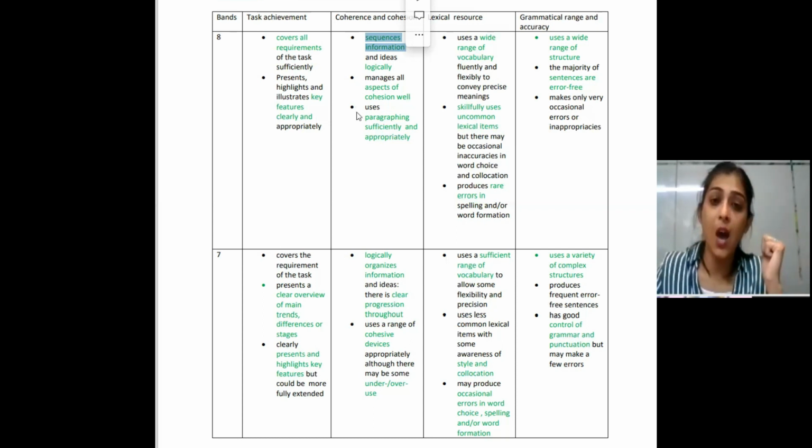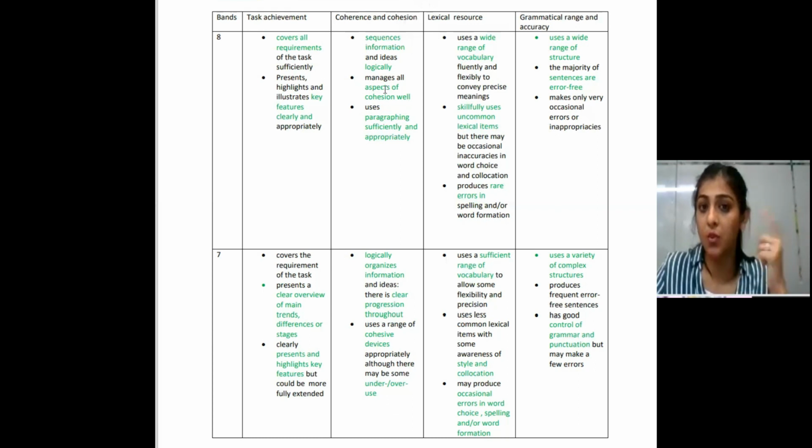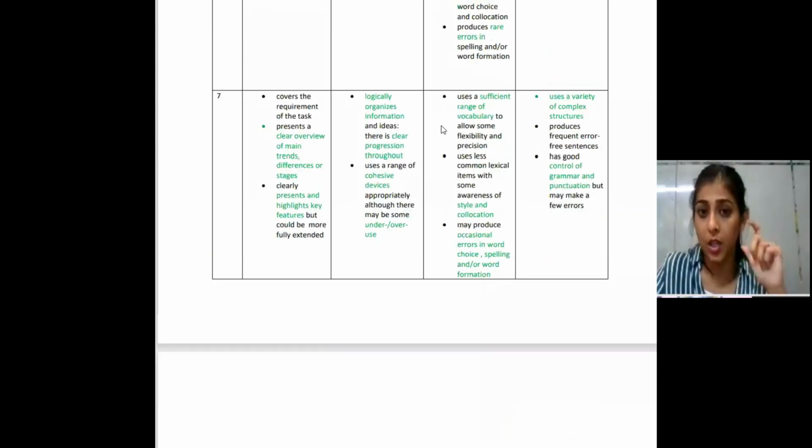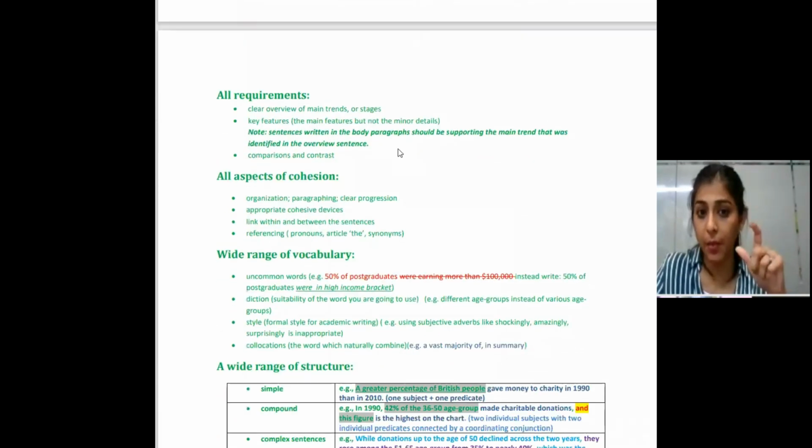Getting? Now, after having understood sequencing the information logically, the other point in this criterion is all aspects of cohesion. Now, what are they? For that, I'd like you to look at the second page here.